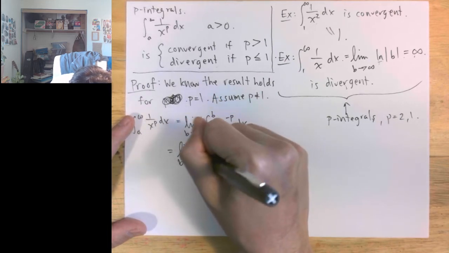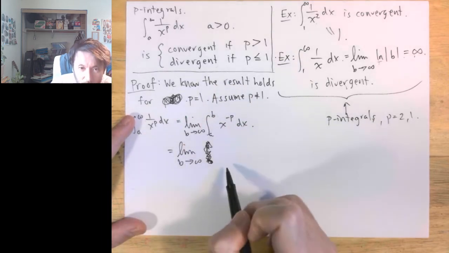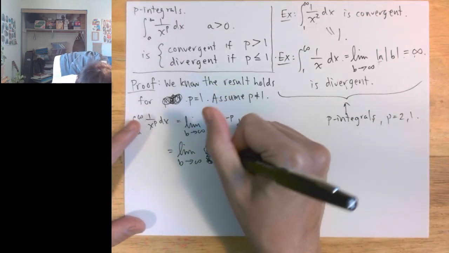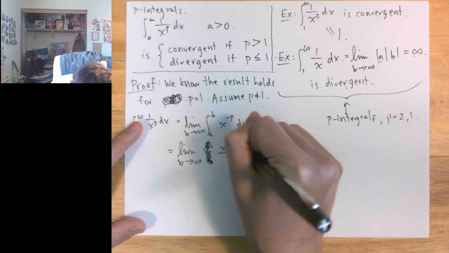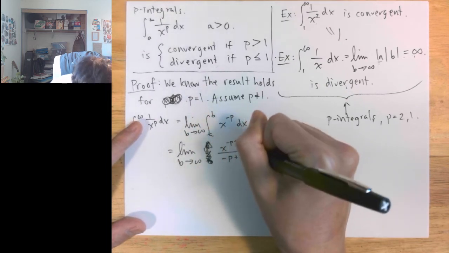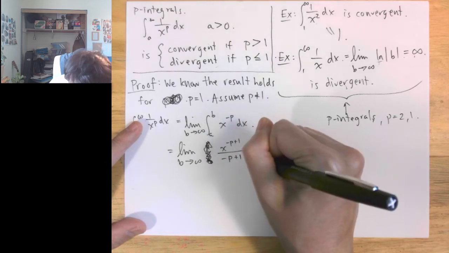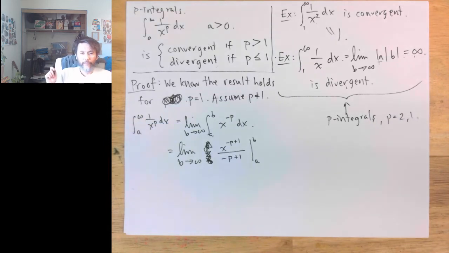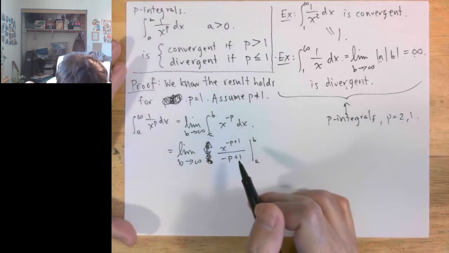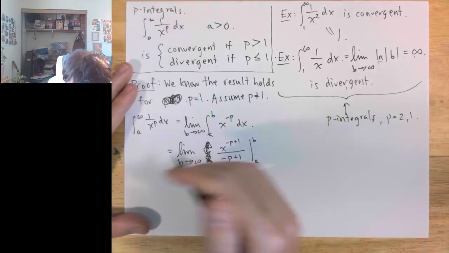I'm actually integrating right now. So we have x to the negative p plus 1 power divided by negative p plus 1. This gets evaluated from a to b. That's the fundamental theorem of calculus. Then we're going to shove these numbers in.